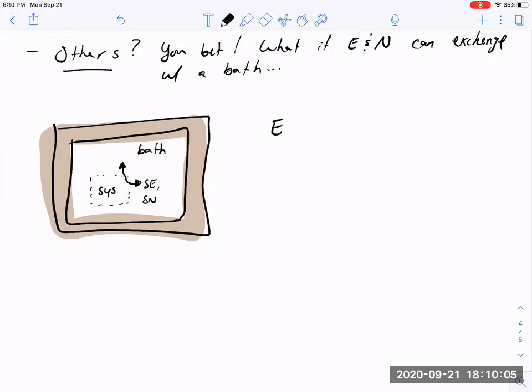Now, there is a total energy in that brown box, which is going to be equal to whatever the energy of the system is, which depends on whatever microstate the system is in, and must add to that some energy of the bath such that that total energy is conserved. And we'll denote the energy of the bath, EB, and the corresponding microstate of the bath, nu B.